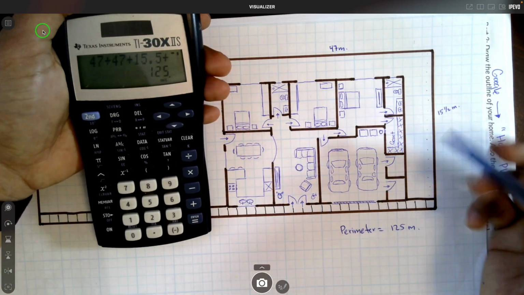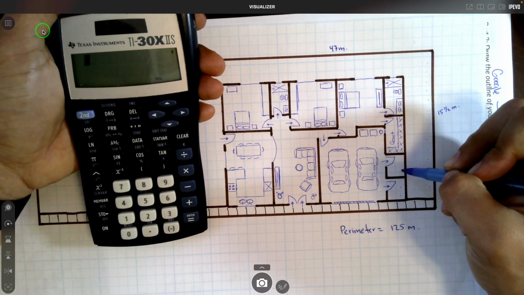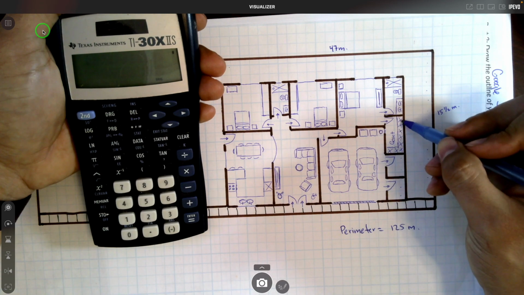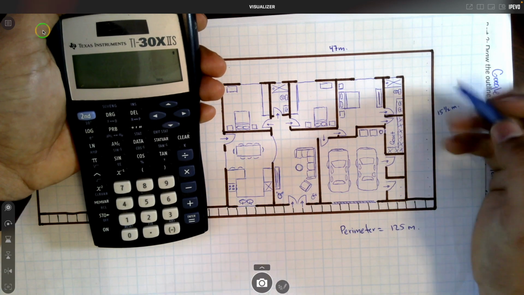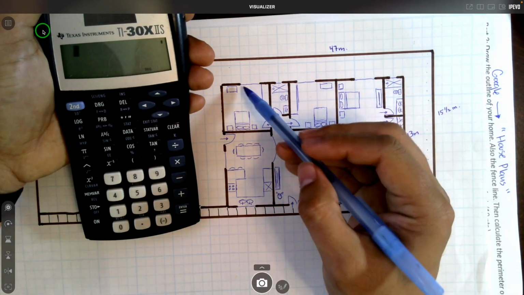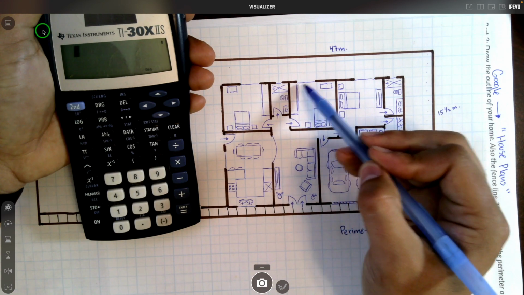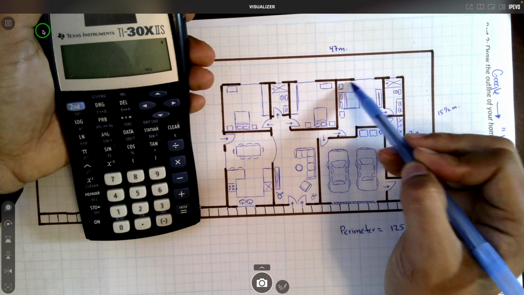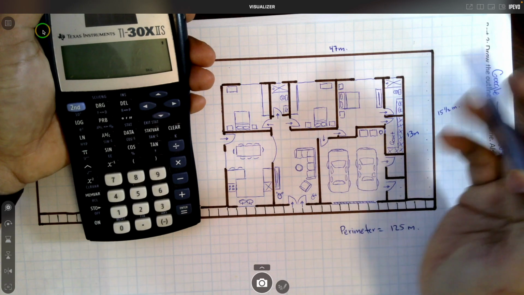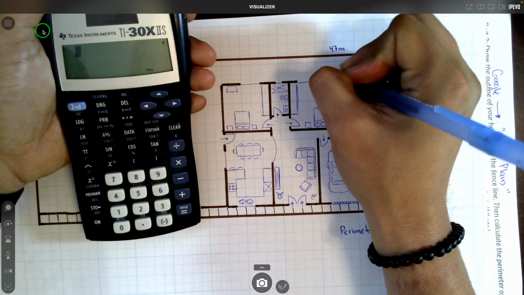But what about just the house? I'm going to go ahead and count 1, 2, 3, 4, 5, 6, 7, 8, 9, 10, 11, 12, 13. So this is 13 meters. And then this is going to be 1 through 19. So 19 meters going that way.